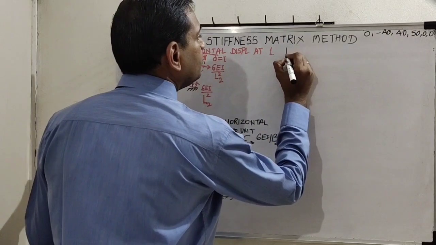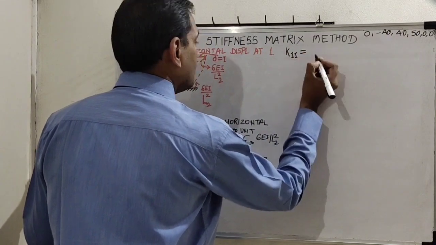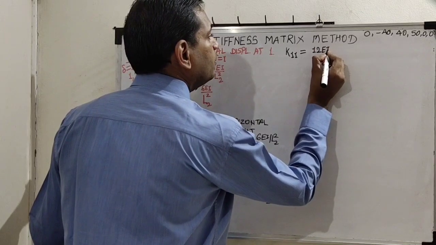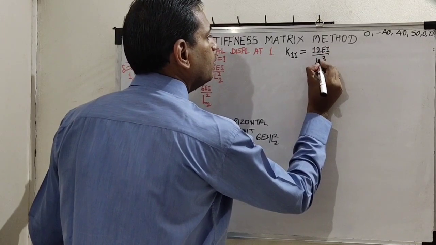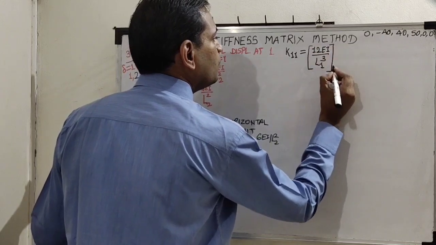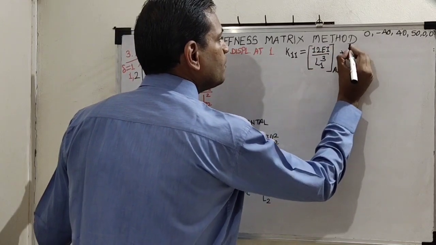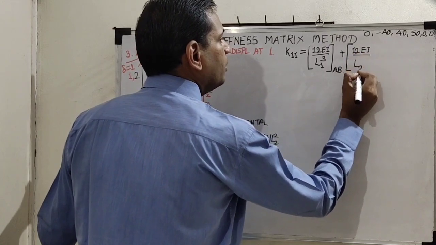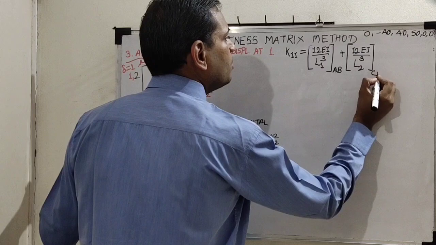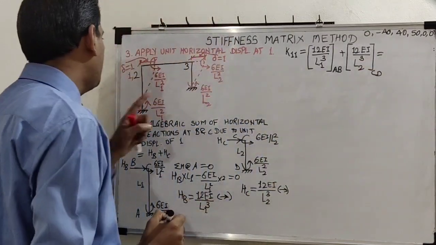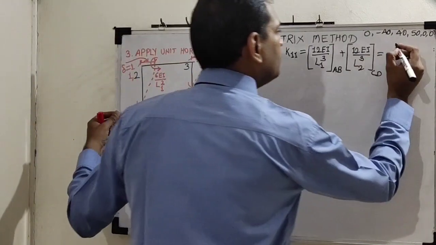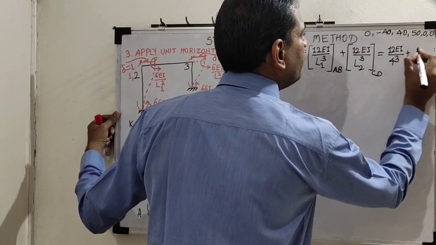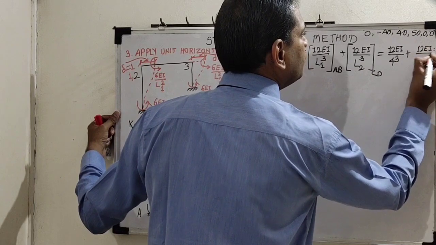So K11 is 12EI upon L1 cube, this is for column AB, plus 12EI upon L2 cube, this is for column CD. So 12EI upon 4 cube plus 12EI upon 2 cube.